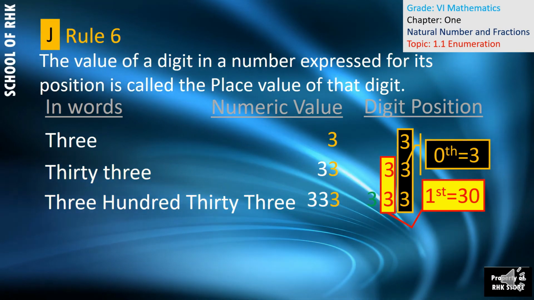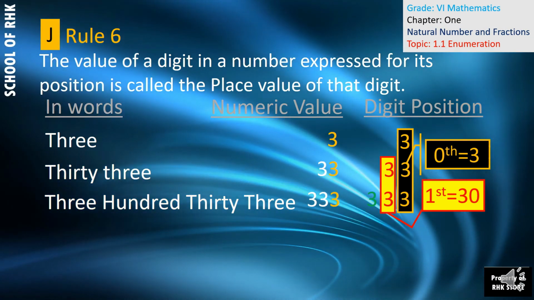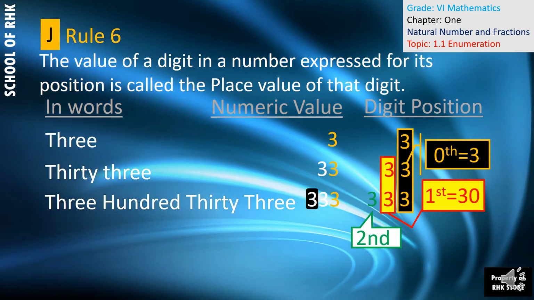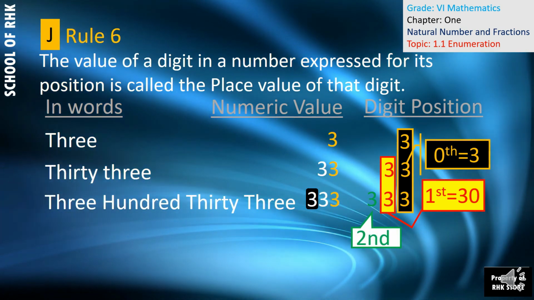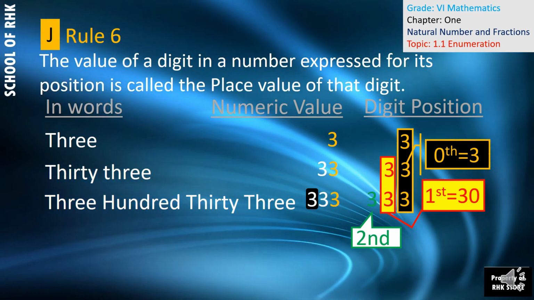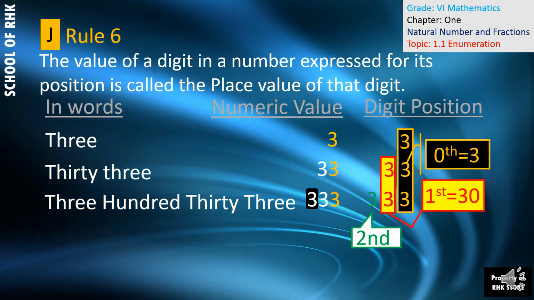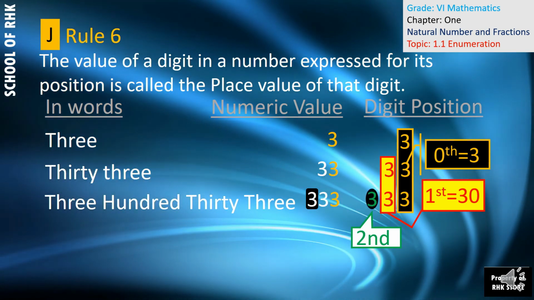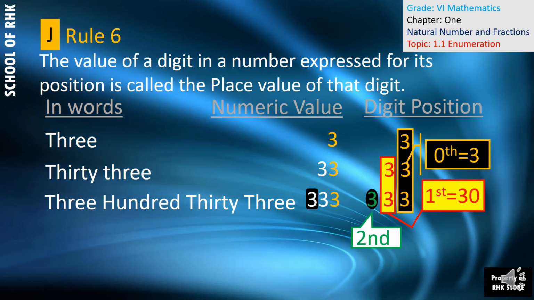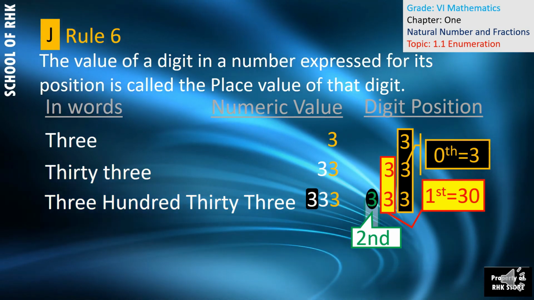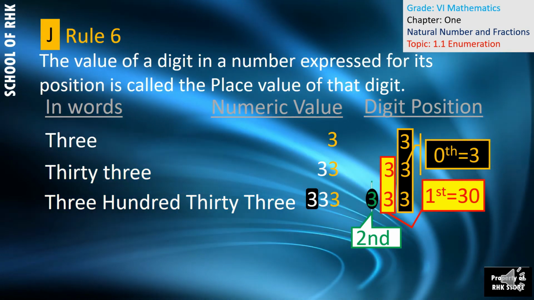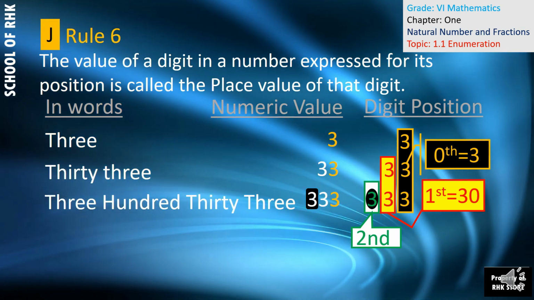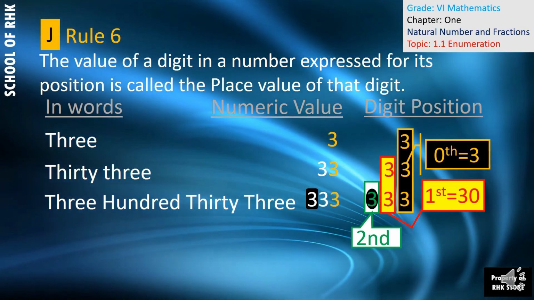In the same way, the number 333 has a digit in the second position to the left of the 0th position. The digit 3 in the second place has been marked in green color and enclosed with a green colored box. As we know, digit 3 has an intrinsic value which is 3.